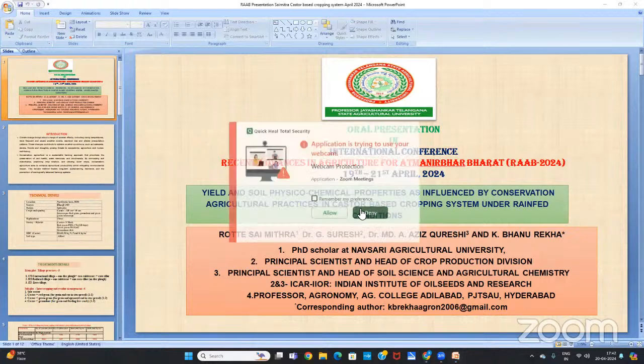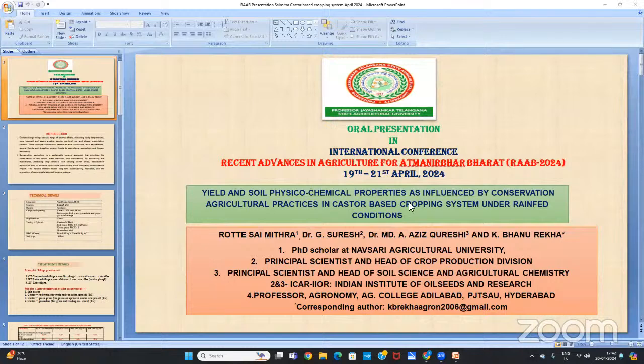So, this is one of the studies done by my student on heat and soil physicochemical properties as influenced by conservation agricultural practices in castor-based cropping system under rainfed conditions.